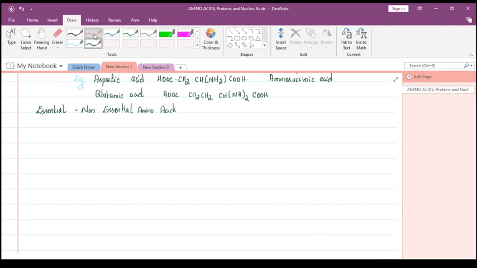What are essential and non-essential amino acids? Let us see.